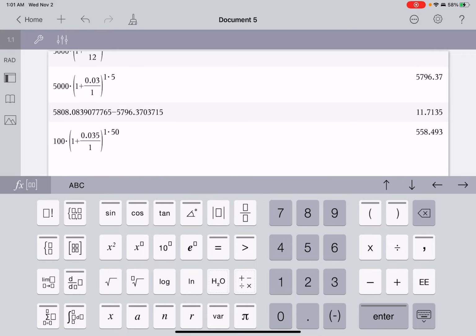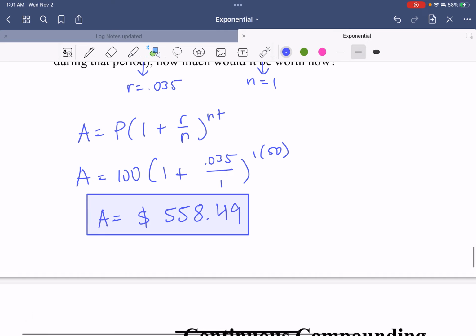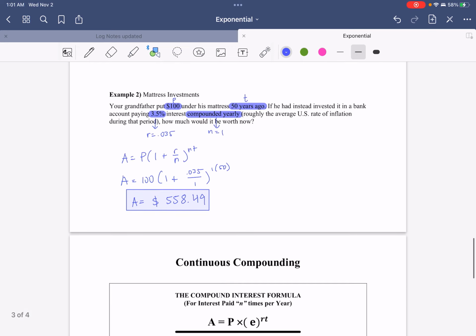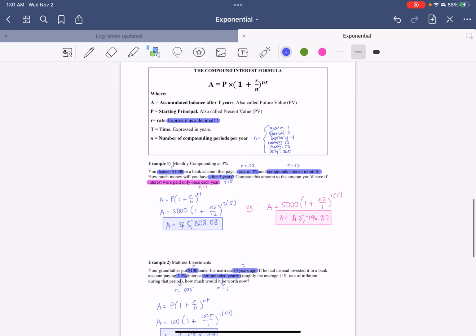You're only going to write the 2 cents. If it rounds up, then you can round up the last digit. So if it's 5 or up, then you round up, okay? But in this instance, it stayed the same because 3 is less than 5. Okay, so these are the compound interest when you have compounding periods.